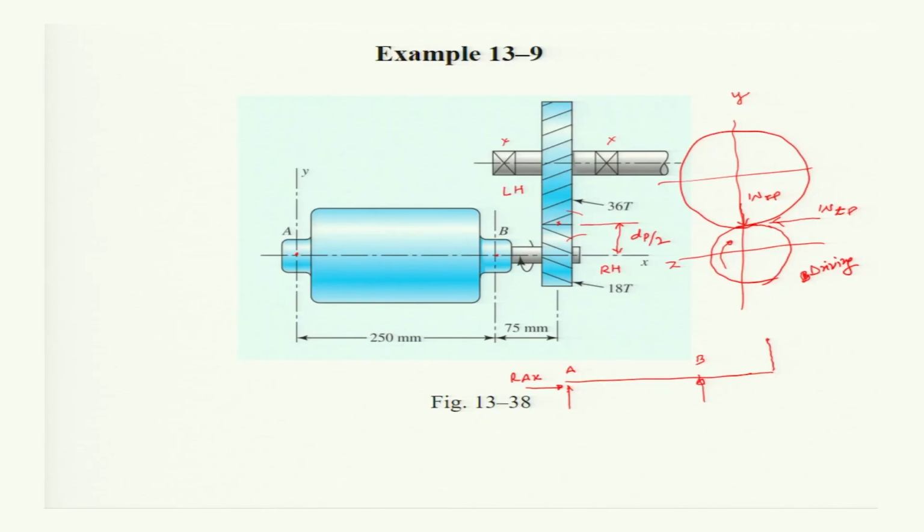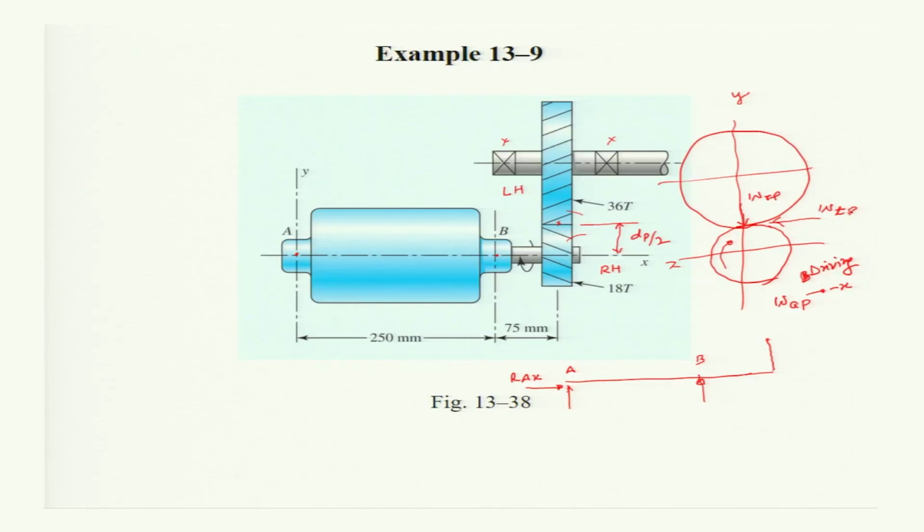When we put our fingers in this way, the thumb is towards the negative direction of the x-axis. So, WAP, the axial force of the pinion, will act in the negative x direction.